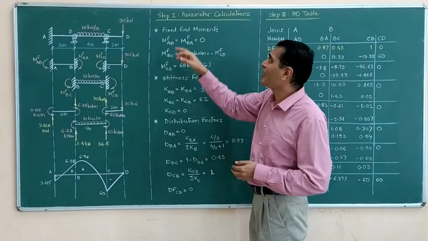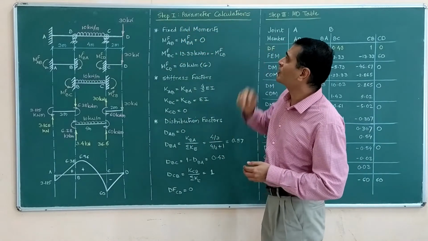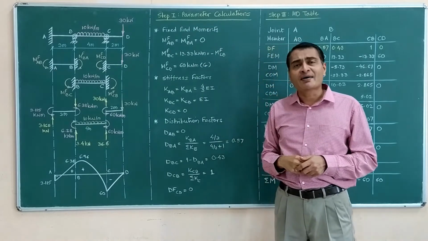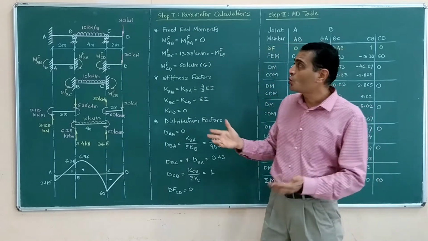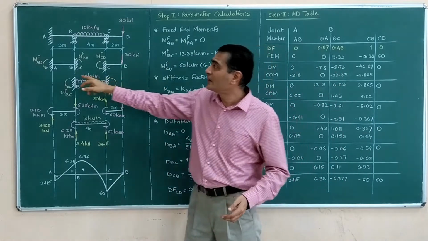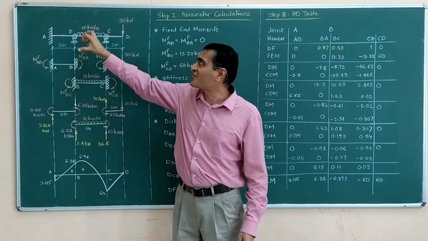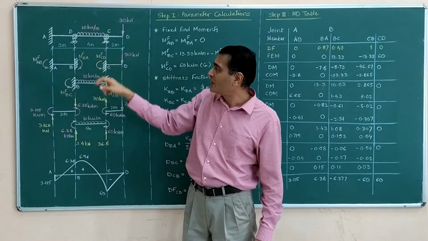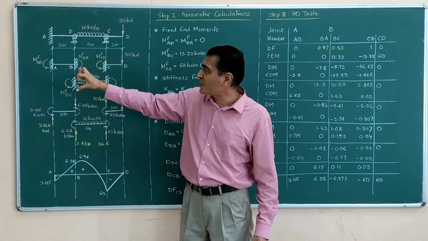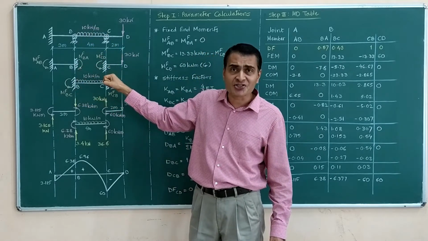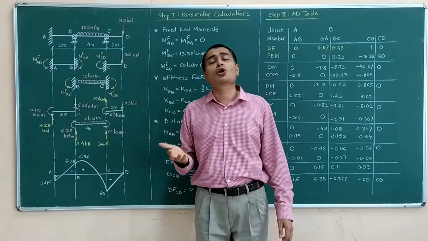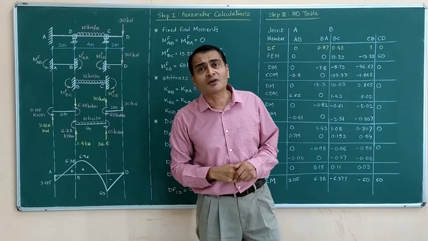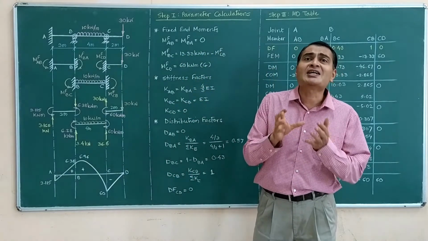So as a first step, I am writing parameter calculations, and then I am determining fixed end moments. So for that I have drawn diagram AB by restraining joint B, BC by restraining joint B as well as joint C, and then portion CD, as we also saw in slope deflection method, is acting like a cantilever.